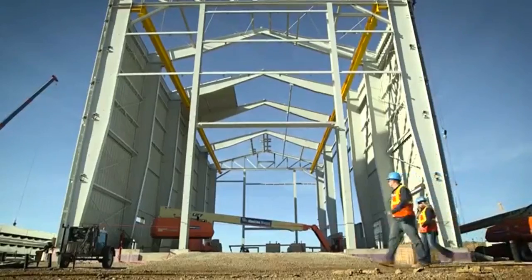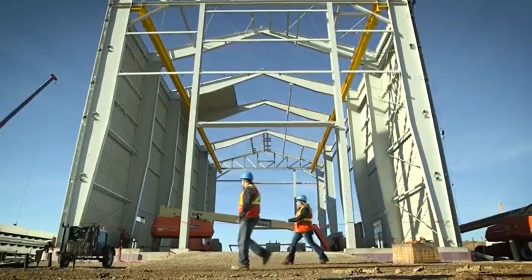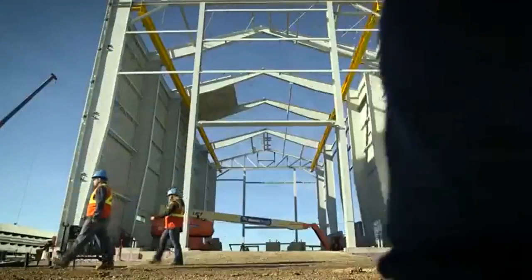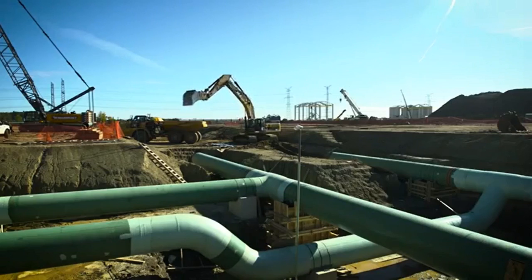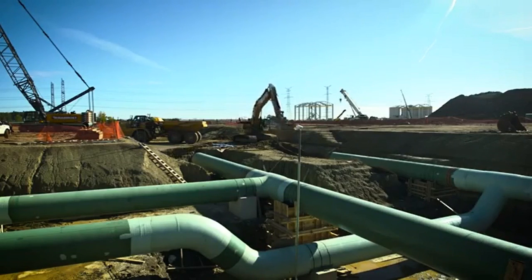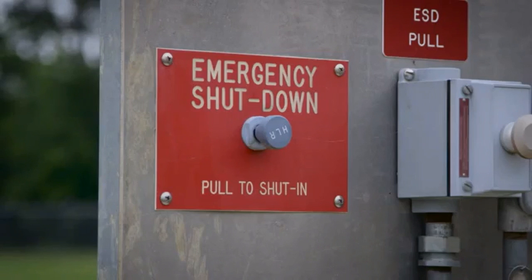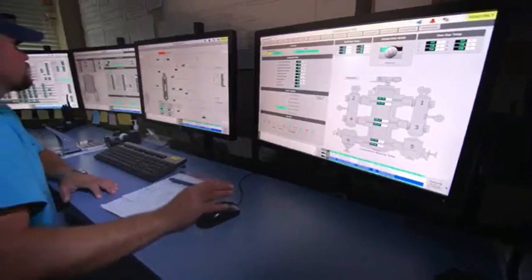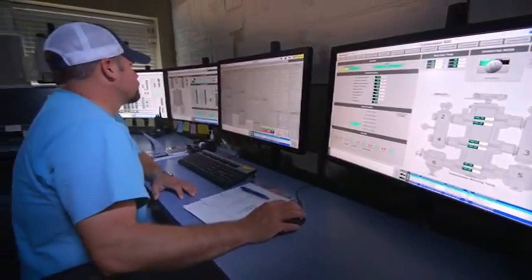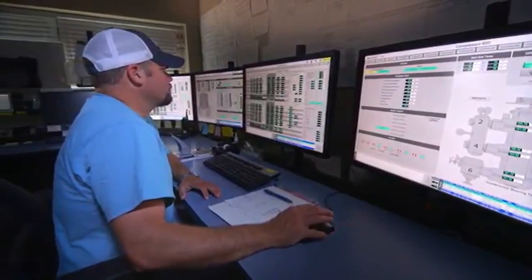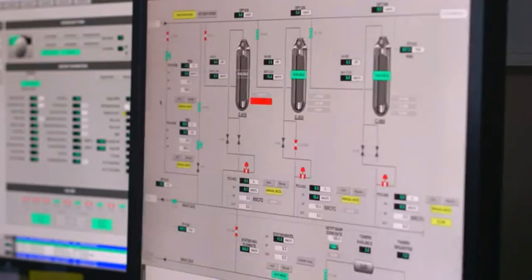We value safety above all else, and our compressor stations are engineered, built and operated in accordance with the highest state and federal regulations. Stations are equipped with safety features such as automatic shutdown sensors and other devices. From our control center, technicians monitor the status of natural gas pressure and flow, valve position, and other safety sensors.